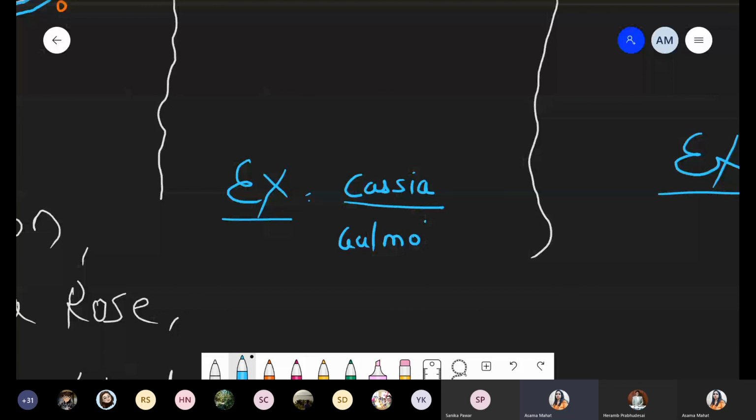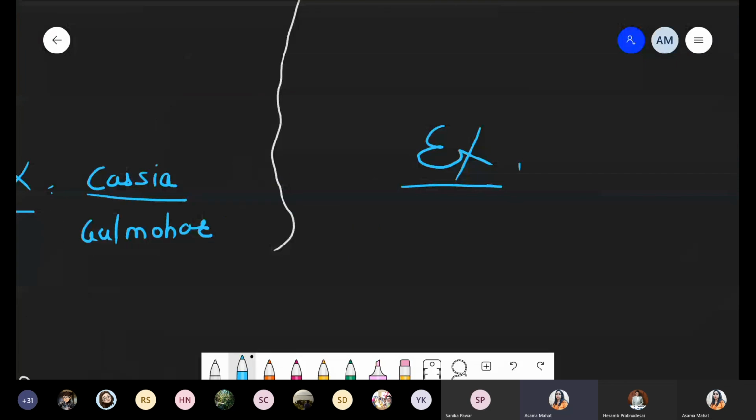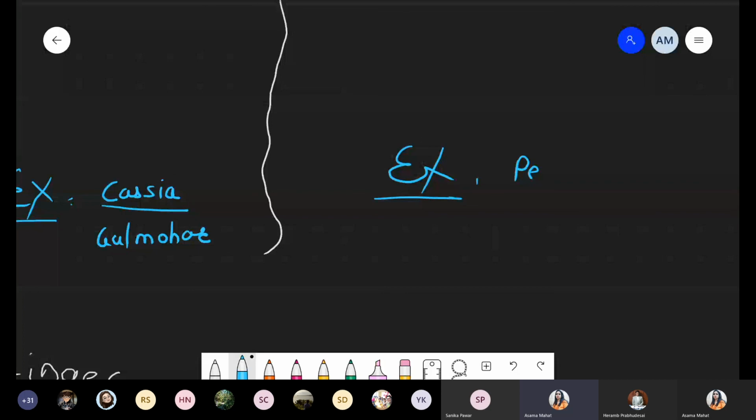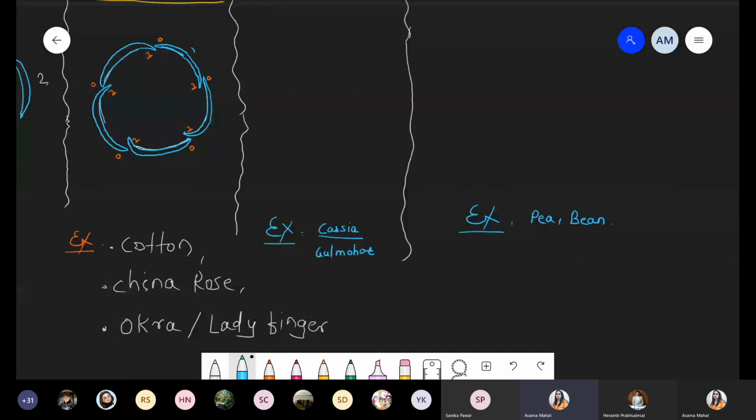And last example, under the vexillary estivation, Fabaceae family, pea plant, and the beans. So these are the examples with respect to valvate, twisted, imbricate, and the vexillary.